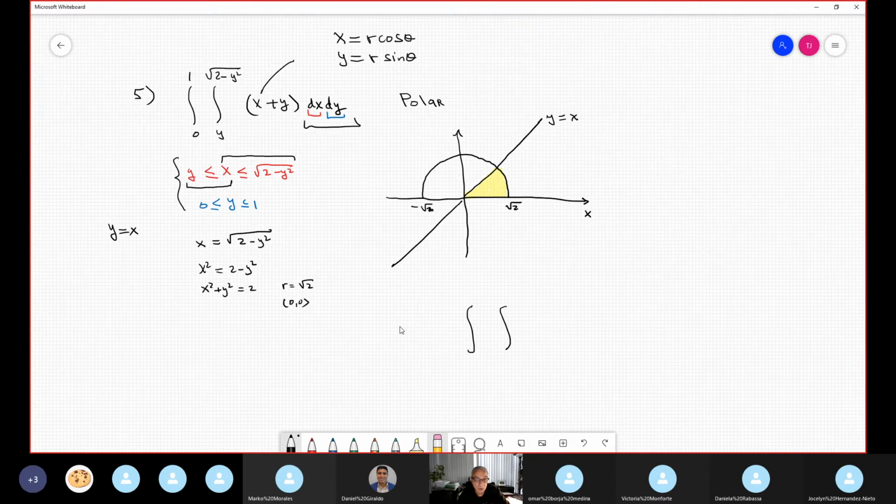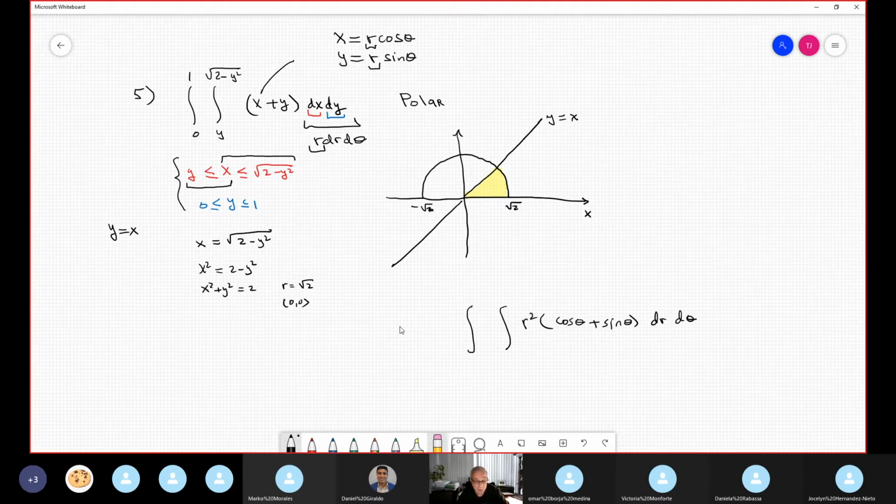I know also that the Jacobian is always the same, r dr d theta. Therefore, we have r squared times parenthesis cosine theta plus sine theta. And we have no extra r dr because the one r is included inside this. That is the reason I write r squared dr d theta. Okay, super. I like that.